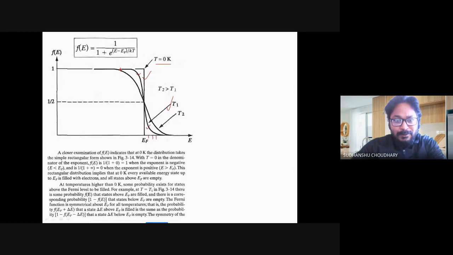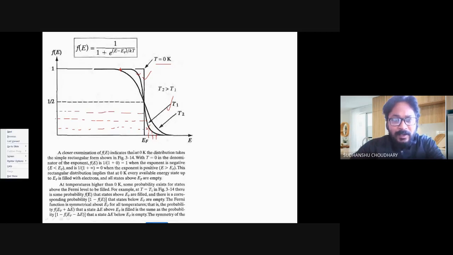So electrons will now be present above EF also. Of course, the probability of finding an electron is decreasing as you move above EF, but yes, now we have some probability.